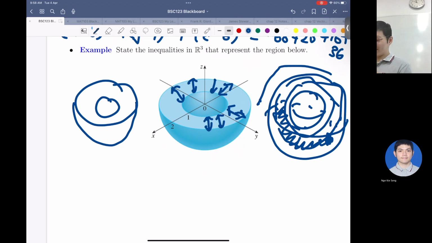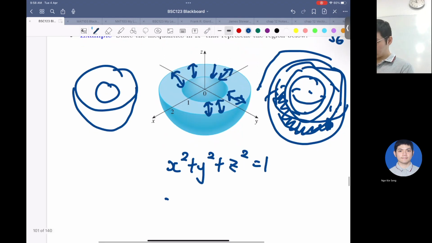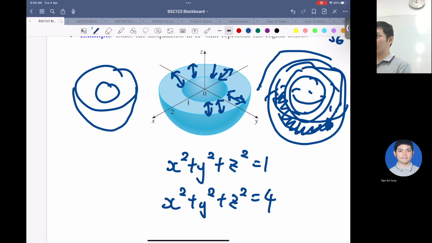So how to write it out? Inside and outside you have spheres, so let us write the sphere equations out. Radius 2 squared is 4. So we have these two spheres here.